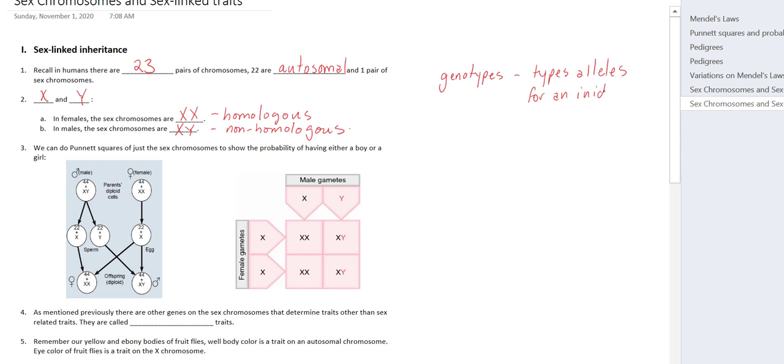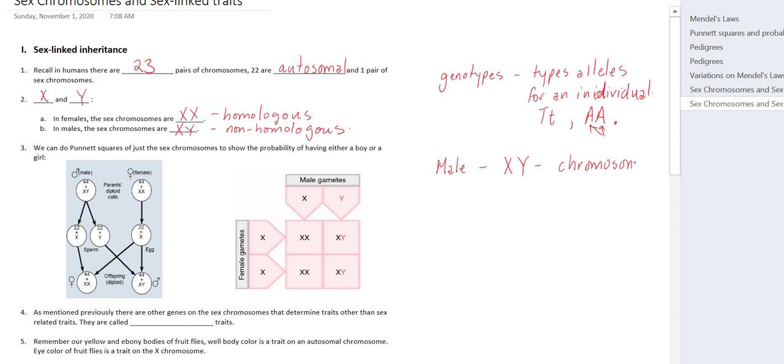We might use various letters, like big T, little t, or big A, and these really represent genes on chromosomes. But when we talk about sex determination, we're actually using the chromosomes. So for a male we would use X and Y, and these represent chromosomes.